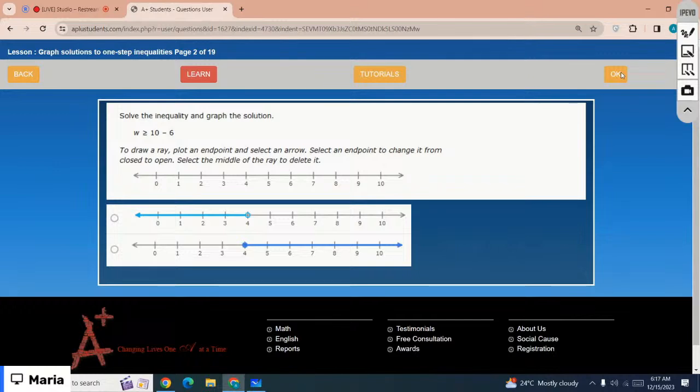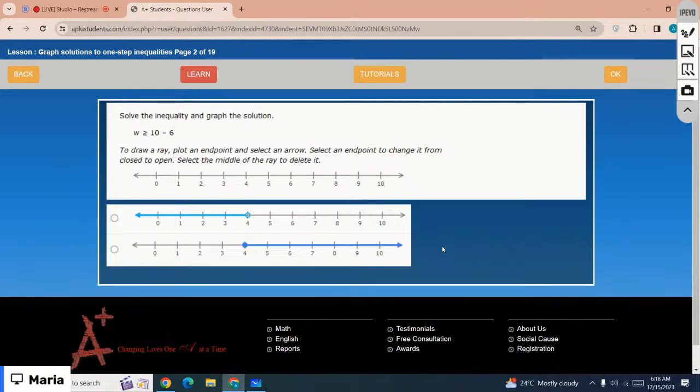W is greater than or equal to 4. That means all the values that are greater than 4 and equal to 4 are the solution. So greater values are on the right hand side of the 4. Option number 2 is the correct option.